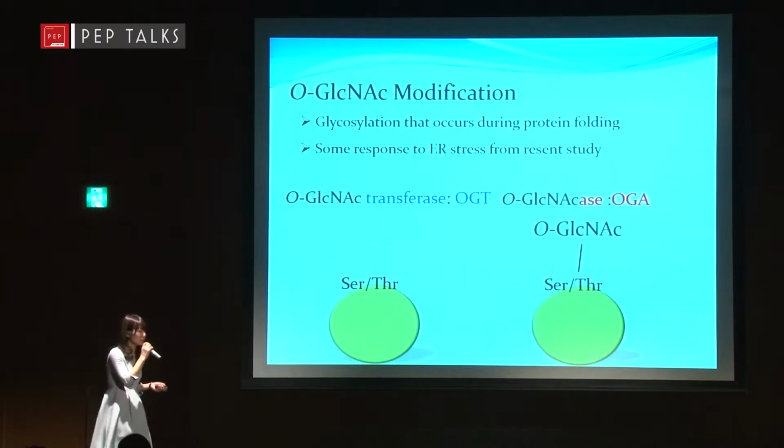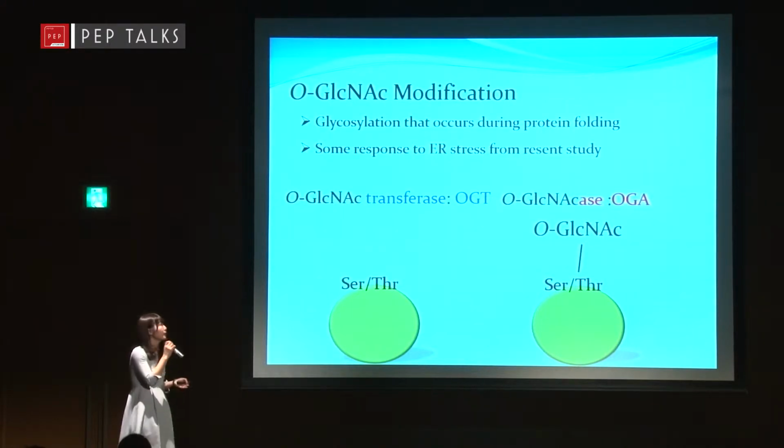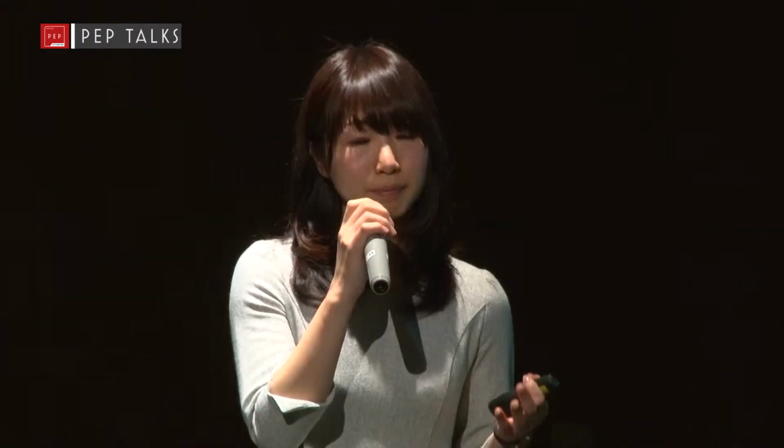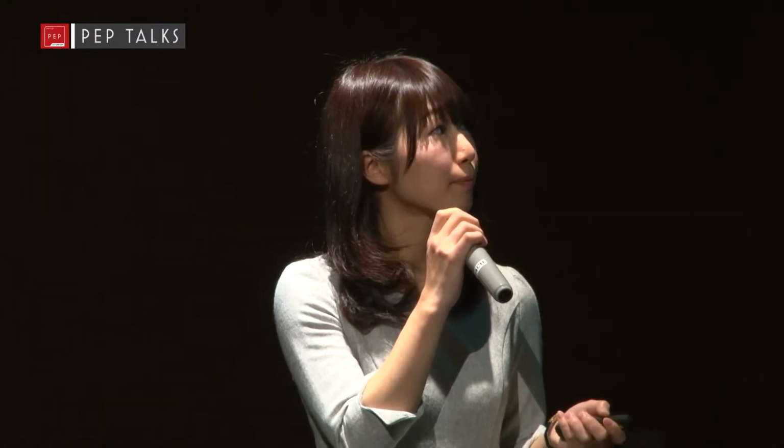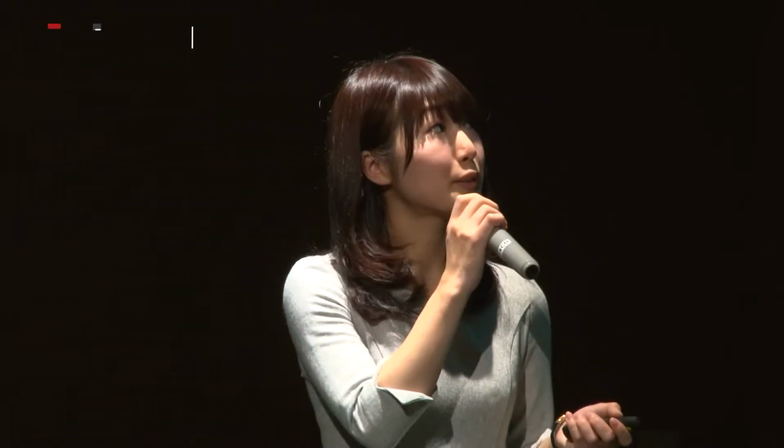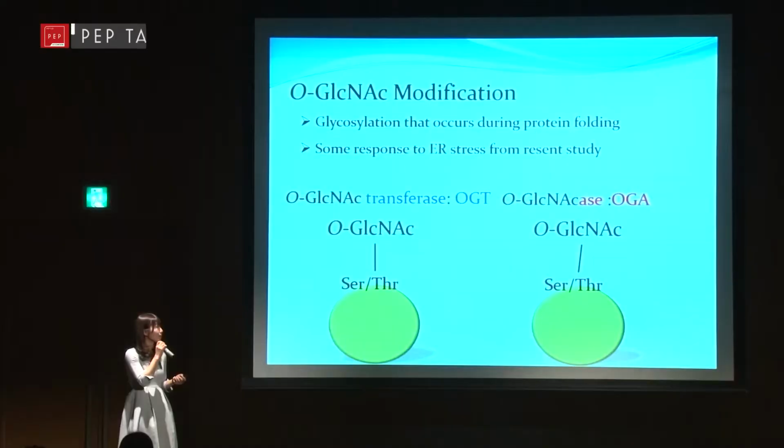O-GlcNAc modification is one of the glycosylations that provides function to protein. This modification is regulated by 2 enzymes that catalyze O-GlcNAc modification. O-GlcNAc transferase, OGT, works and protein gets function.